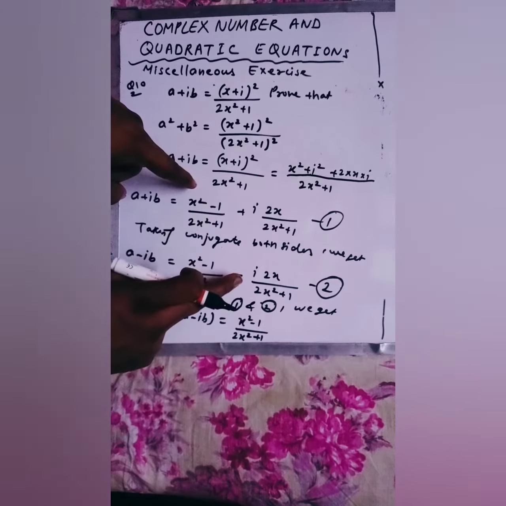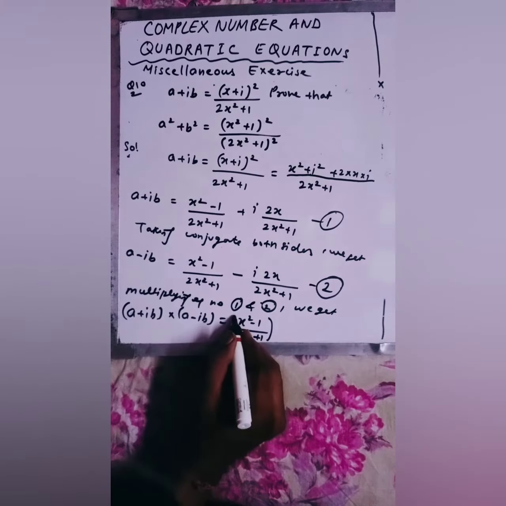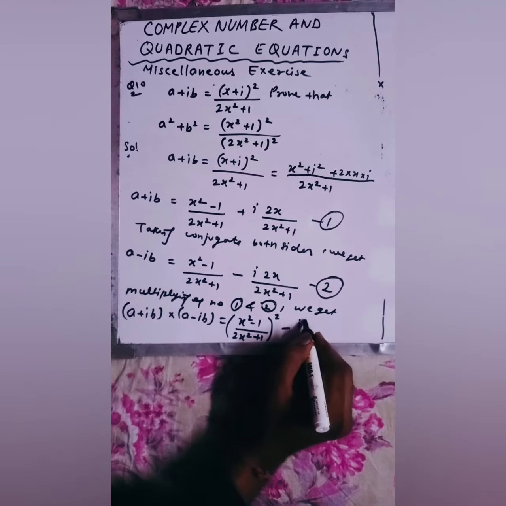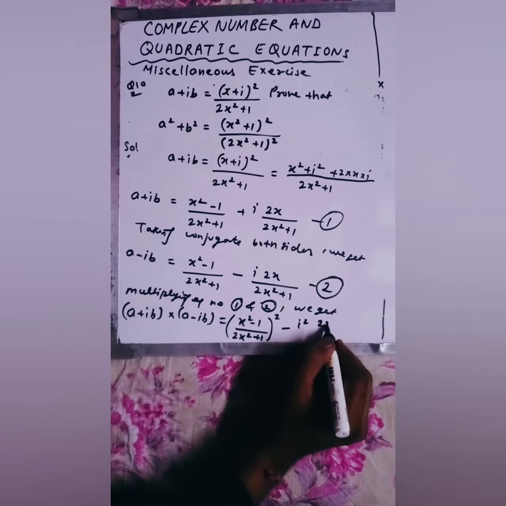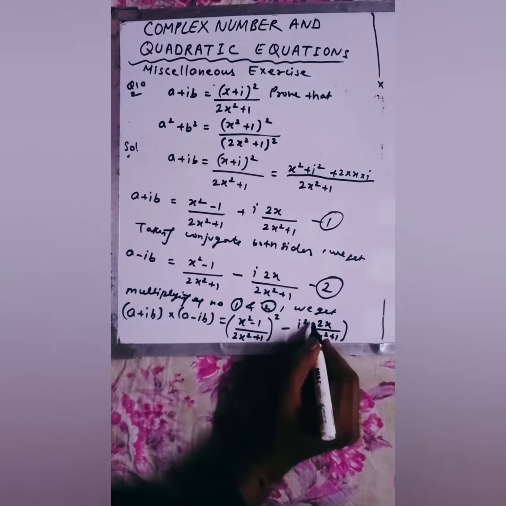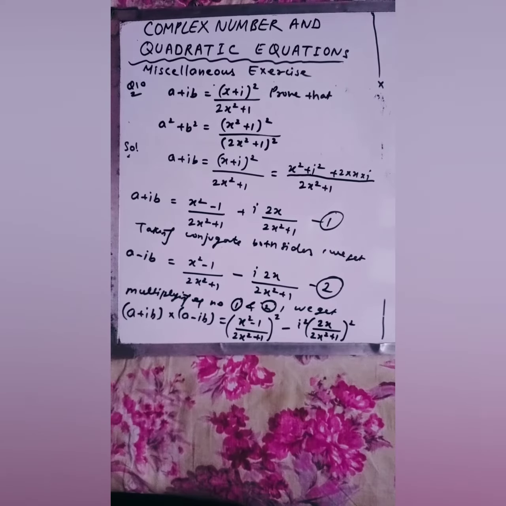So this minus this one, I can write this whole square. This is your a square minus (iota 2x over 2x square plus 1) whole square. This is a square minus b square, you can apply.